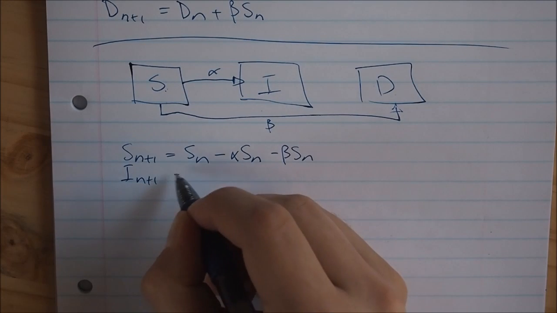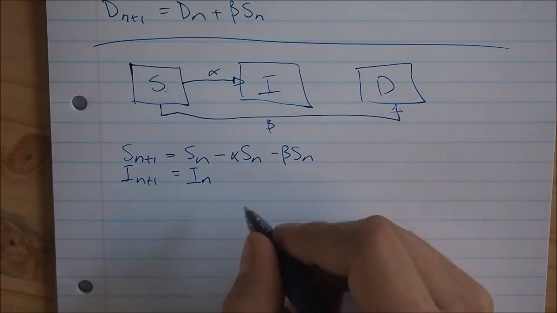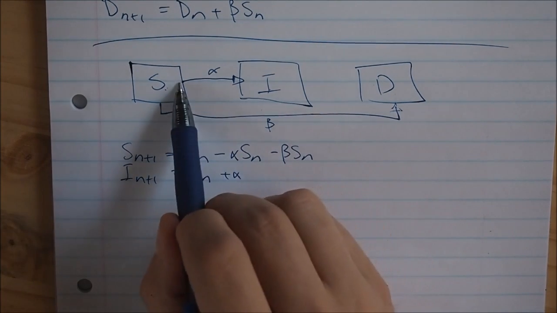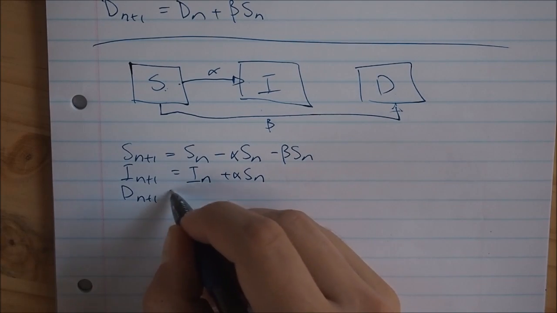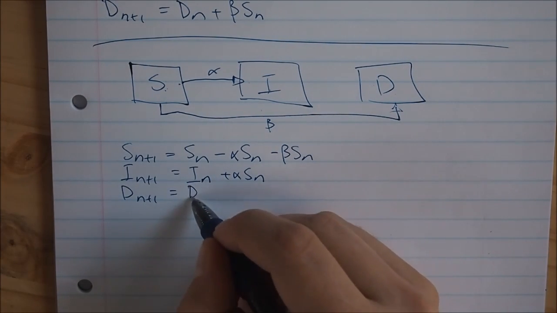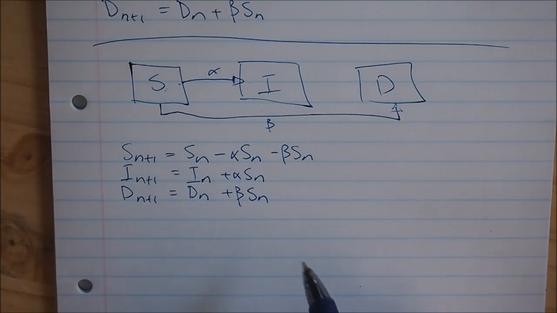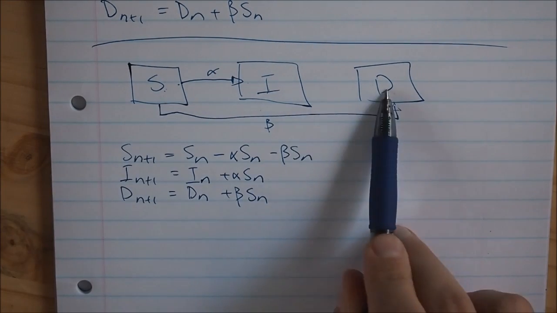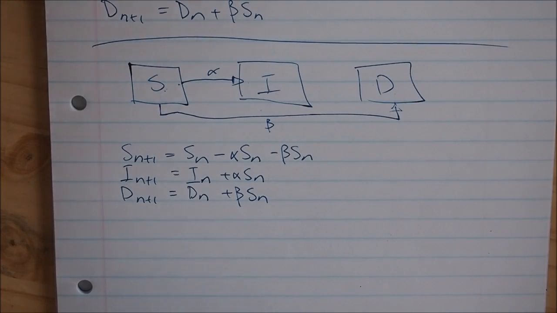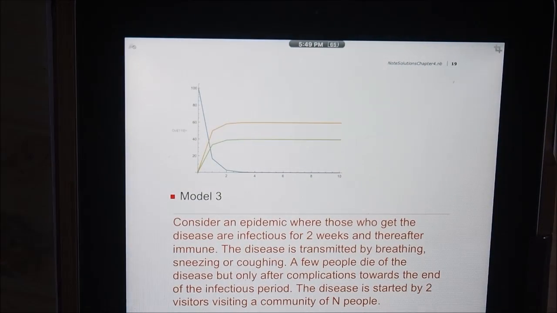The number of people inoculated at time n plus 1 is the number of people that were inoculated this week, plus alpha SN, so plus the people that move from S to I. And lastly, the number of people that have died by the end of next time period is the number of people that have died this time period plus the number of people that die during this time period. So this term here is the number of people that move from S to D. Once more, it's relatively straightforward.